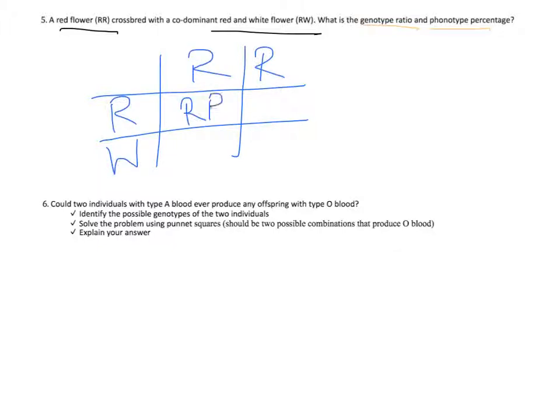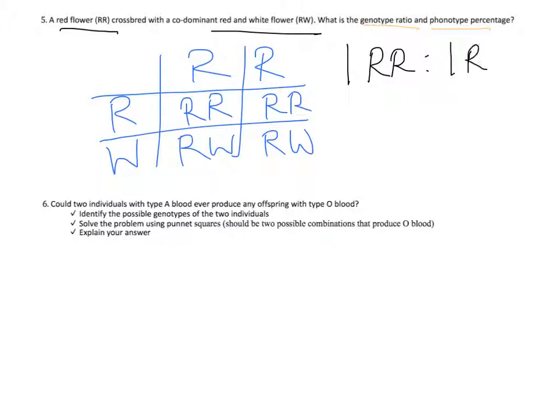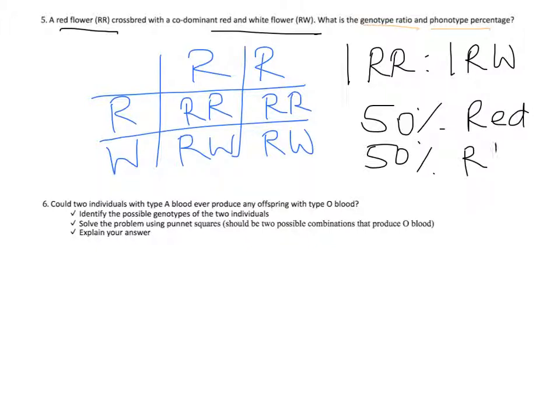We want to know the genotype ratio. So the genotype ratio is 1 RR to 1 RW, and the phenotype percentage is 50% red and 50% red and white.